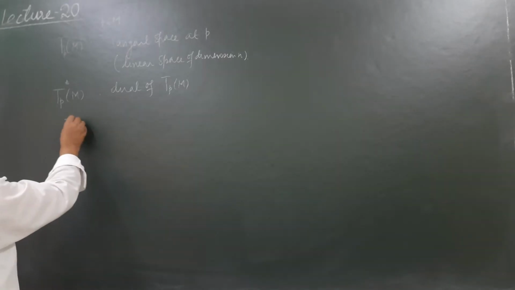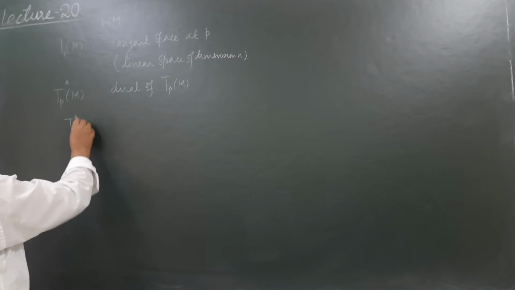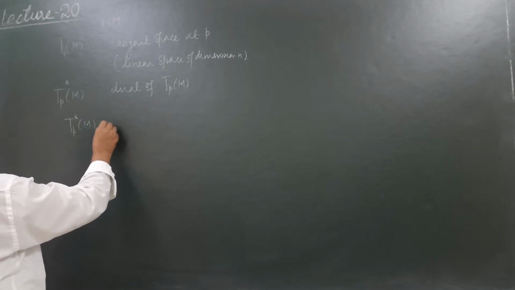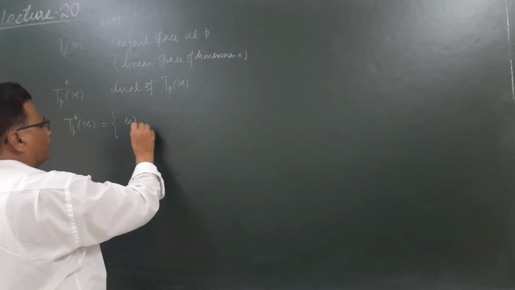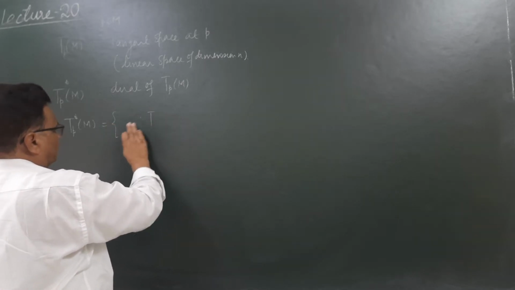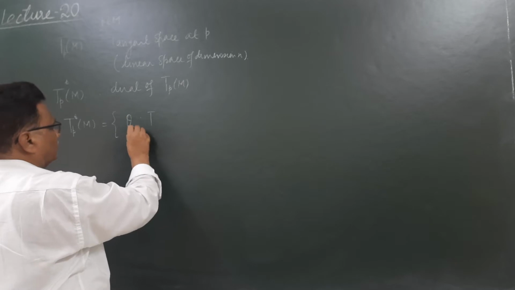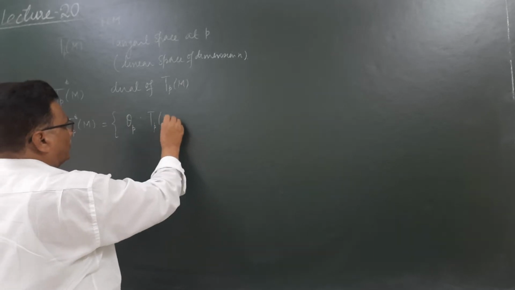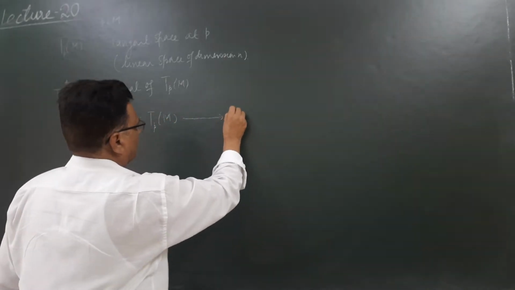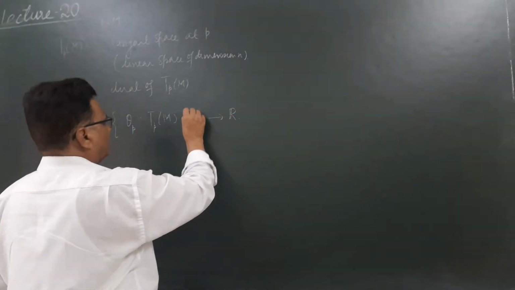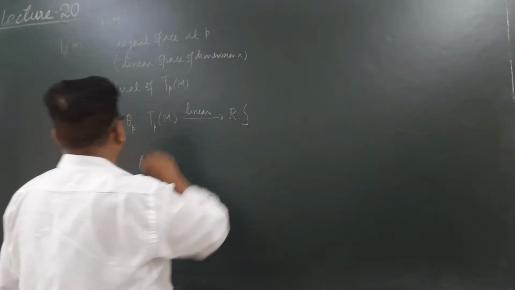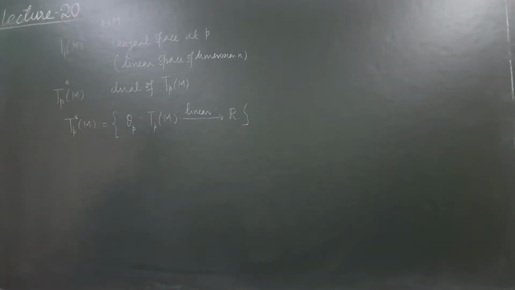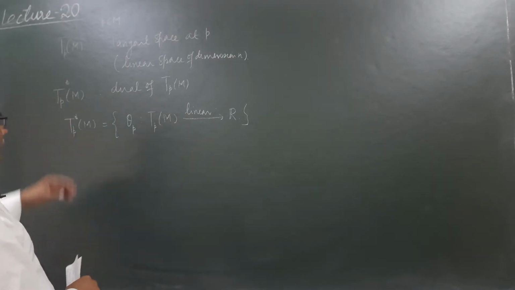Set theoretically, Tp star M is the collection of all linear maps. Let me denote them by theta, or omega, whatever you call it. These are linear, and it turns out to be a vector space of the same dimension as that of TPM.